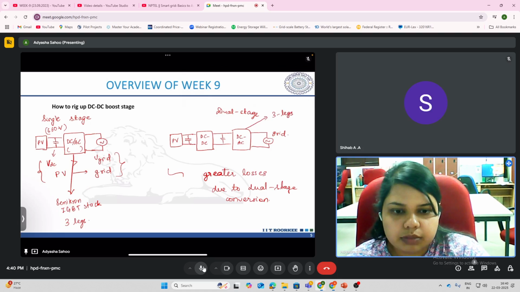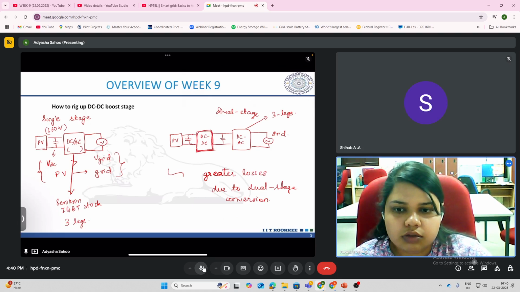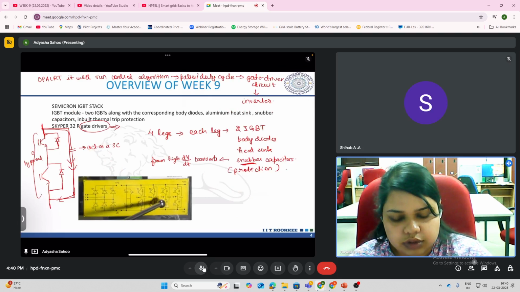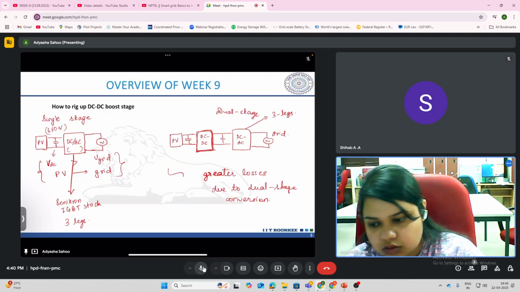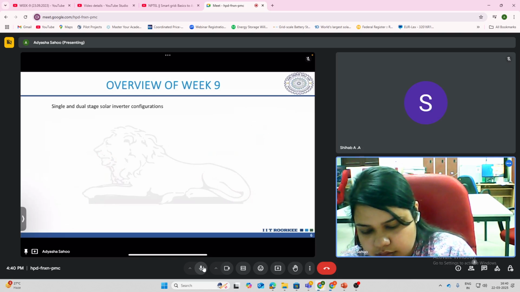Now for this boost converter, what do we need to connect? Either another boost converter, or we'll see how we can use the fourth leg of the IGBT, the Semikron module, to get the boost converter. So you see the boost converter. This is the DC link.